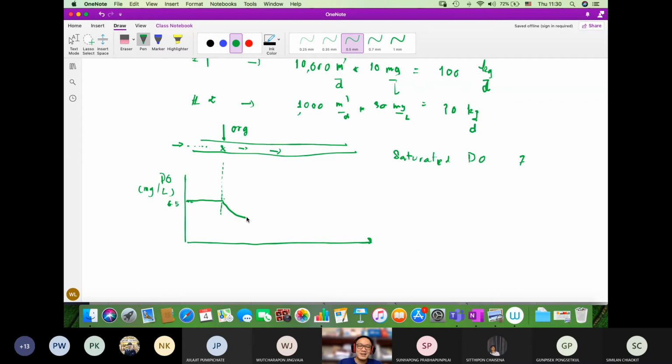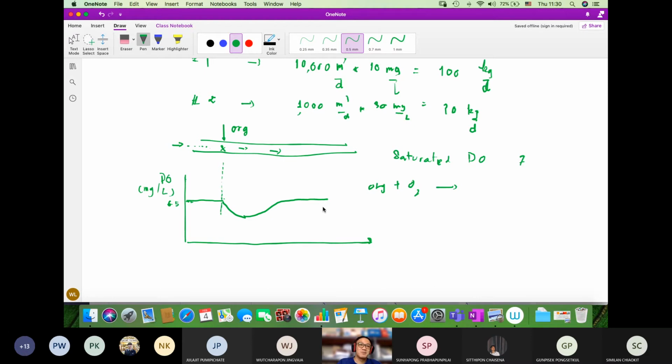Once the organic substance gets degraded and it's nearly finished, the dissolved oxygen in water will gradually increase again to the original value. How can the oxygen reach back to the original value? Because oxygen from the atmosphere can redissolve into the water again.